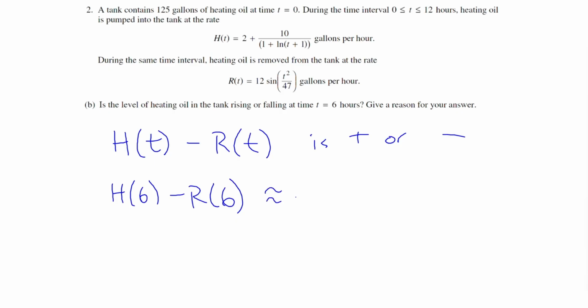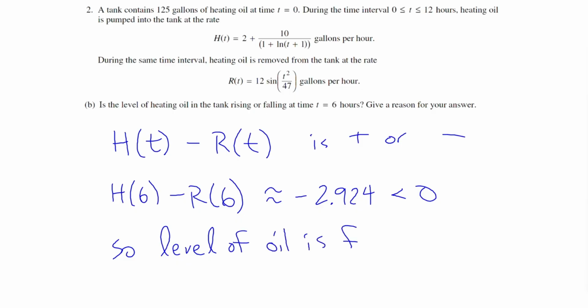So we'll say that's approximately negative 2.924, and we will say that that's less than 0. So the level of oil is falling. It's going down, right? We're removing more oil than is being pumped in. And they just gave you 1 point here for the answer. And of course, you have to have some work to back it up.